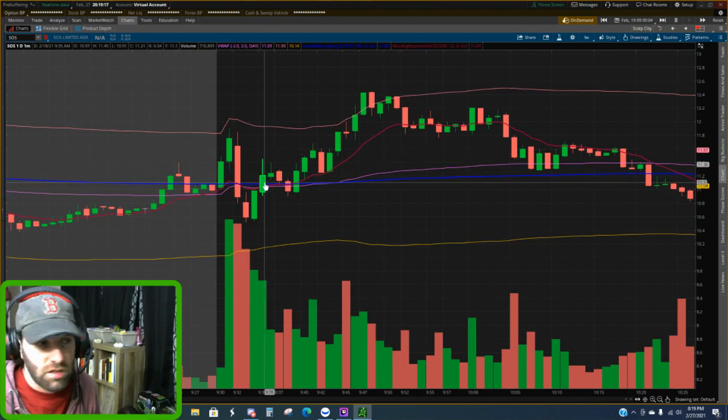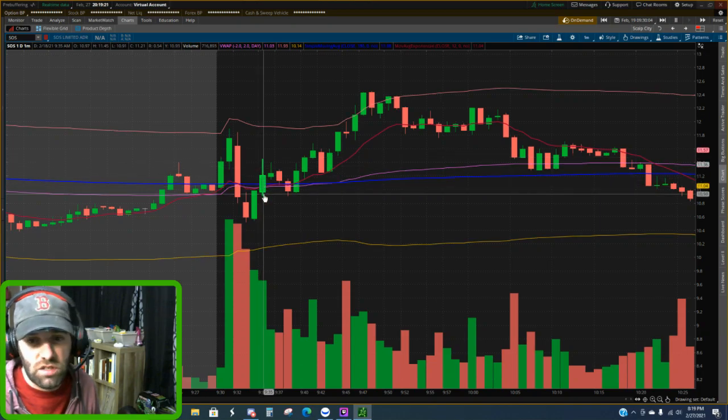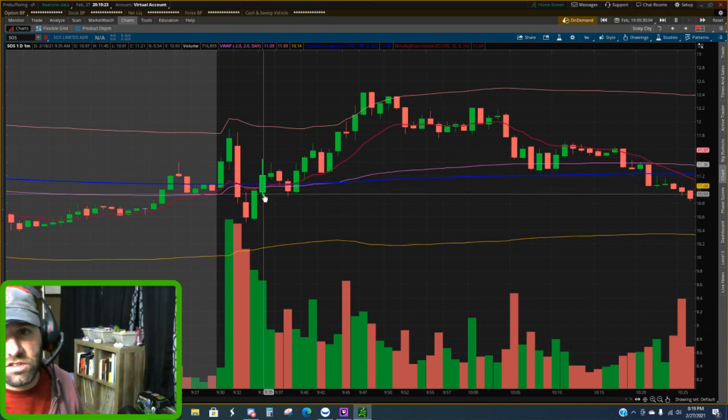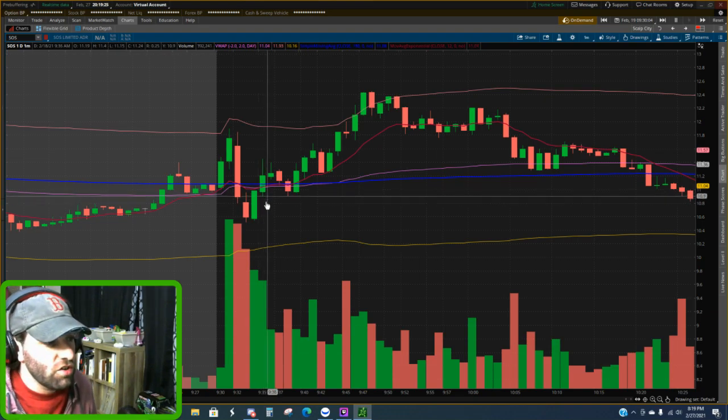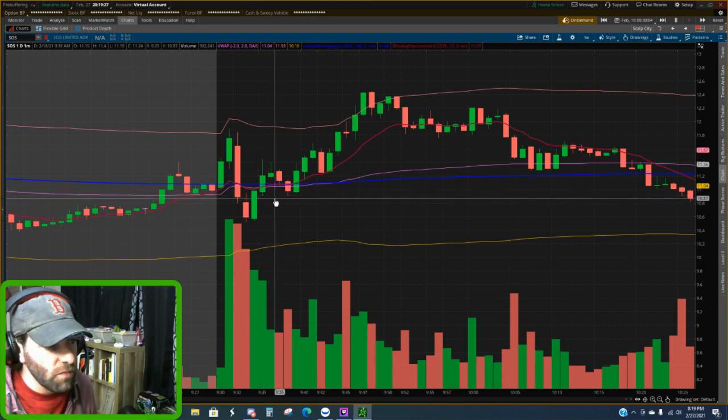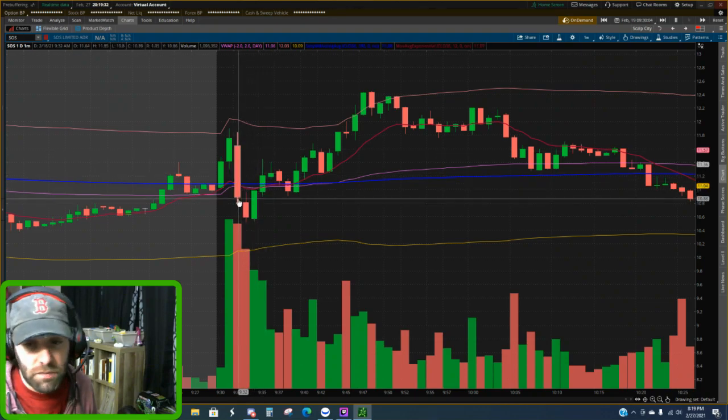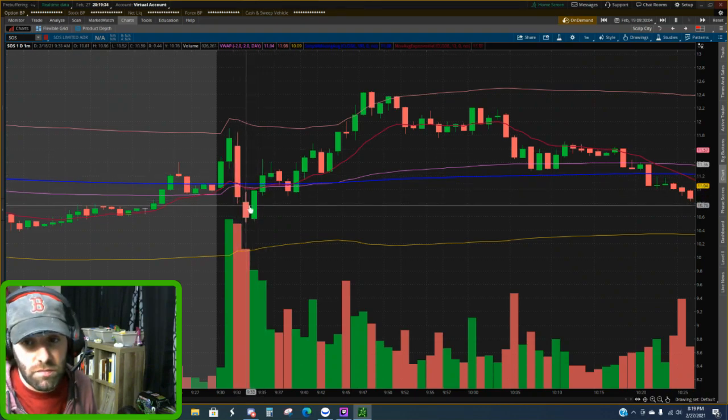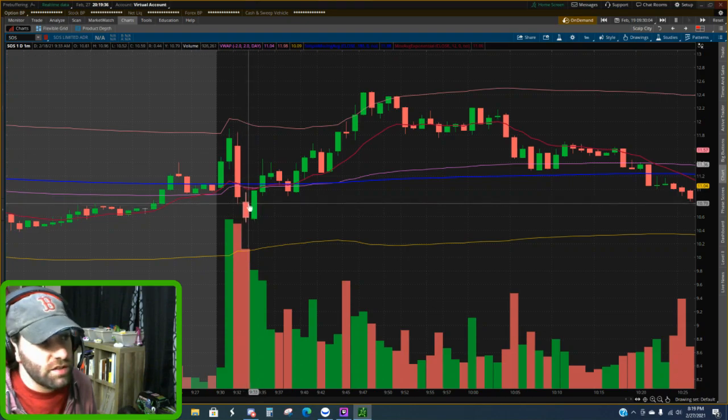Not missing it. What you're doing is making sure that you're not losing money because, especially if you set your stop losses, you're going to put your stop losses right down here. I would hope you would put them right down here at the very least the bottom of this red candle, because that tells you where it broke down.